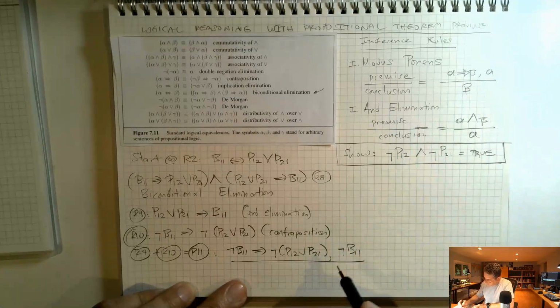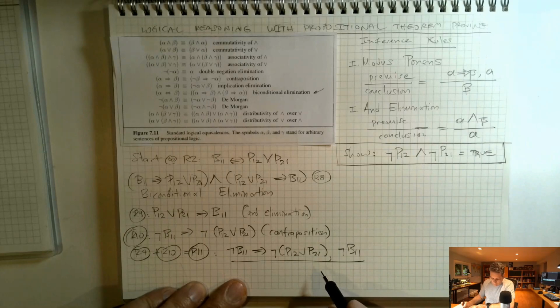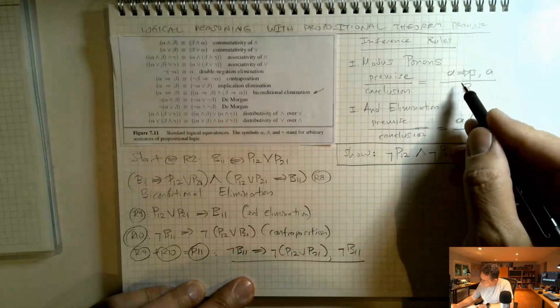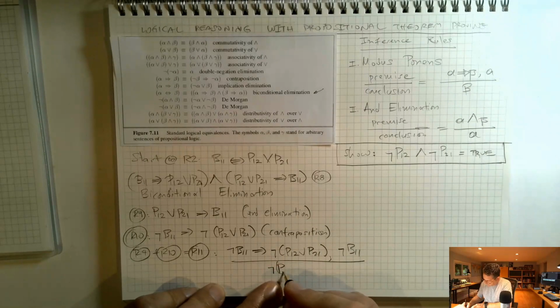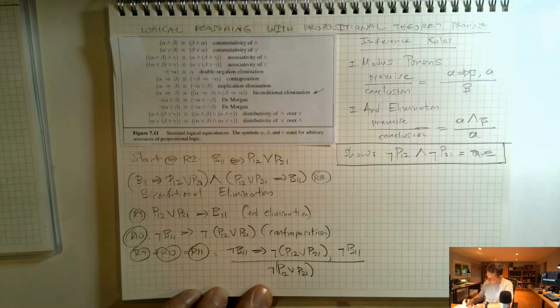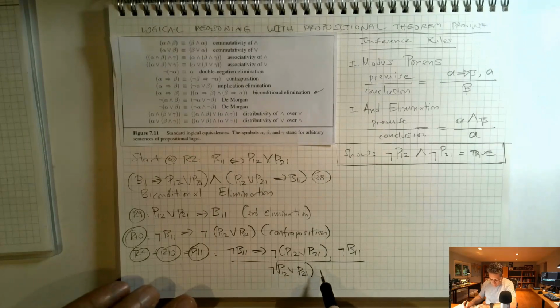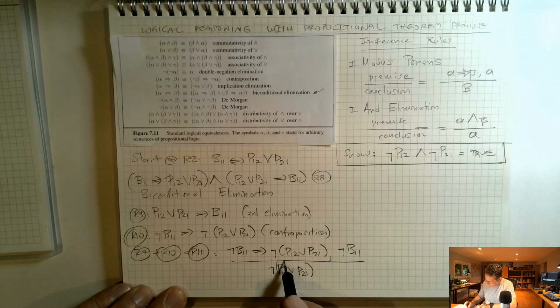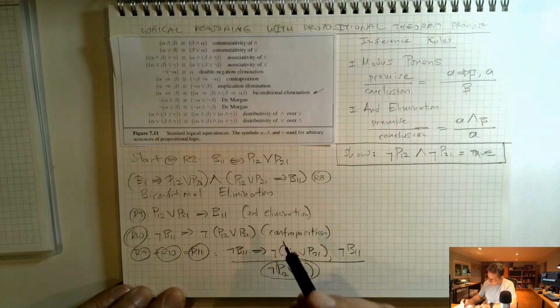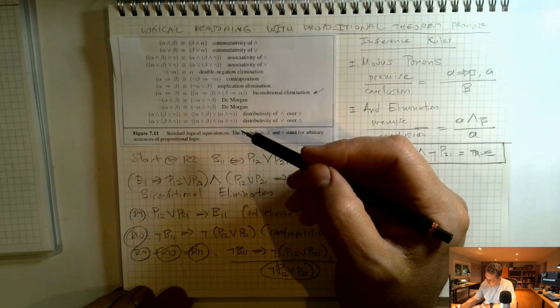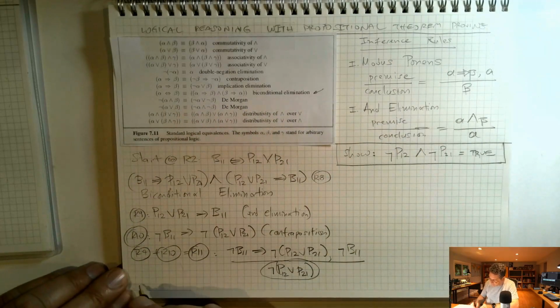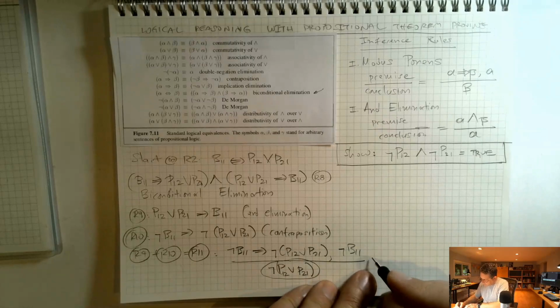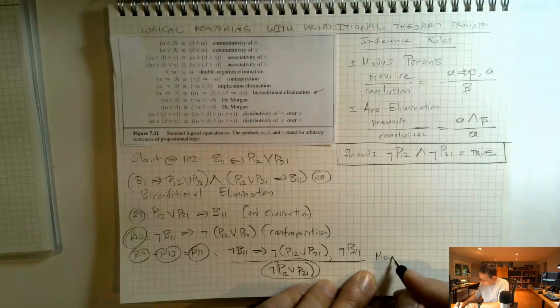The conclusion is the negation of P12 or P21. This was my conclusion, and therefore, by again using the De Morgan rule, we can get the desired result. This was basically due to modus ponens.